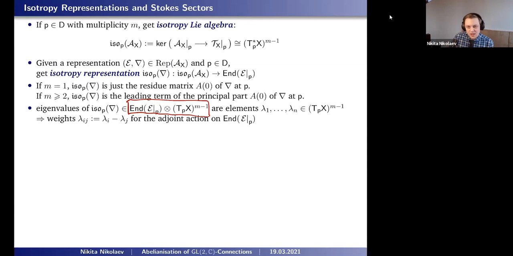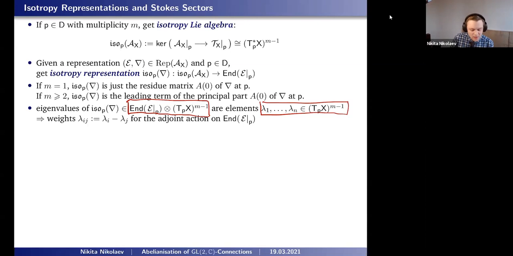But okay, so it's an endomorphism of this vector space, which is the fiber of E at P, valued in some other vector space. This gives me distinguished elements of the symmetric power of TP, which is just eigenvalues of my isotropy representation. And if I look at the adjoint action, that basically just amounts to taking differences of eigenvalues.